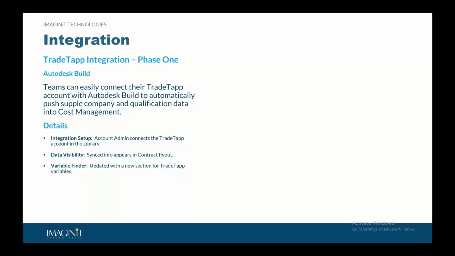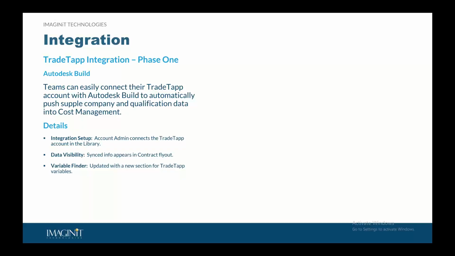Typically, like with our integrations, we would really suggest that someone from your account admin team is going through that process. If that is how your organization is set up, your account admin person will connect the TradeTap account to your library inside of your ACC environment, and then all of that synced information is going to show in the contract layout.